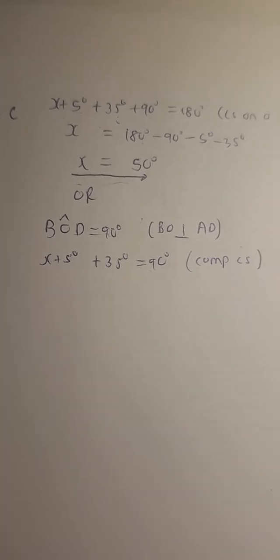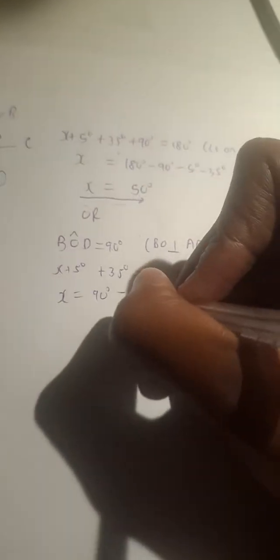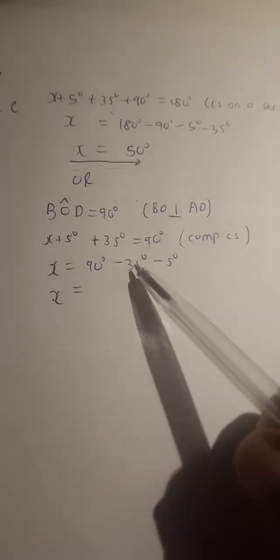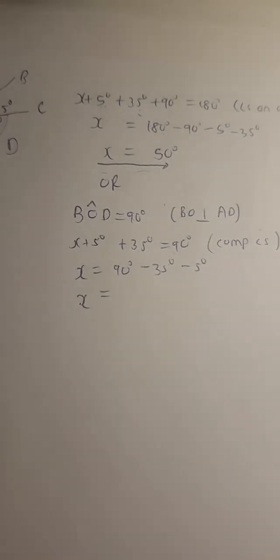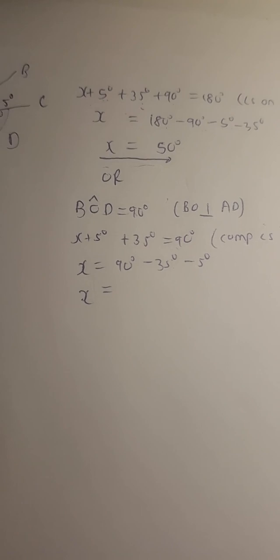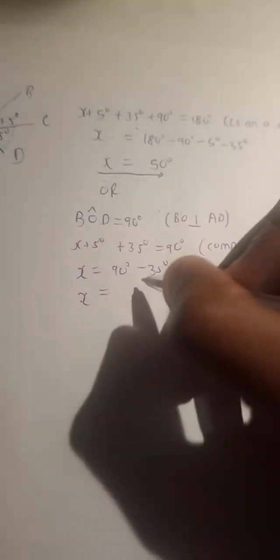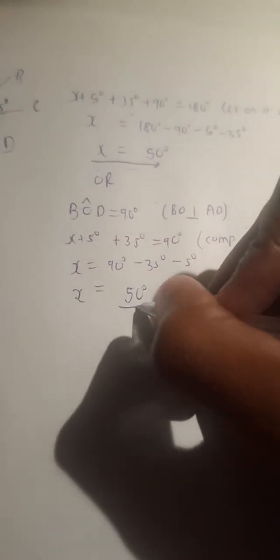Complementary angles are angles that add up to 90 degrees. Then we can say x is equal to 90 minus 35 degrees minus 5 degrees, and then we can solve for x from there. So 90 minus 35 gives us 55 degrees, and then 55 minus 5 gives us 50 degrees.